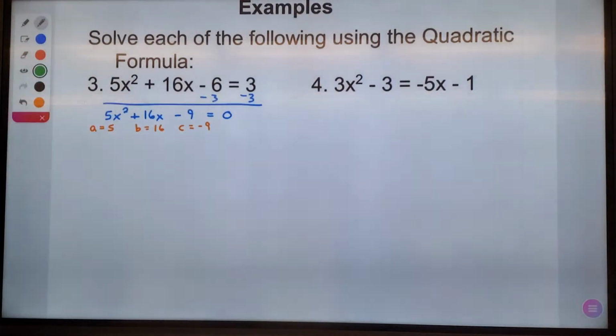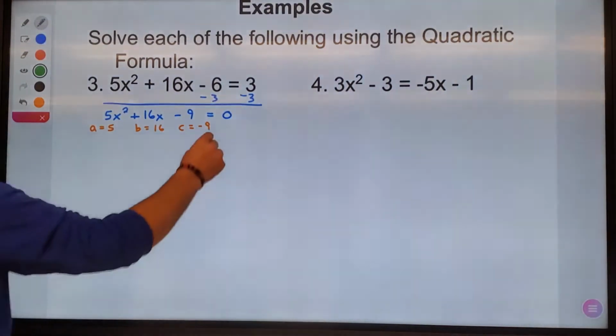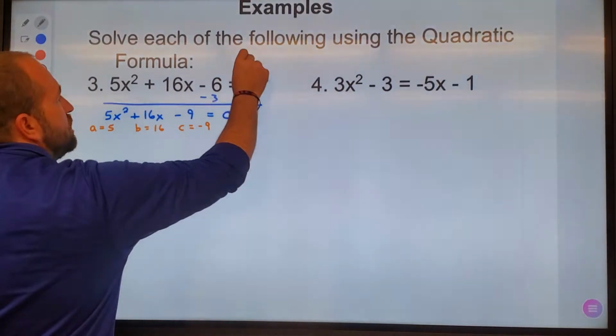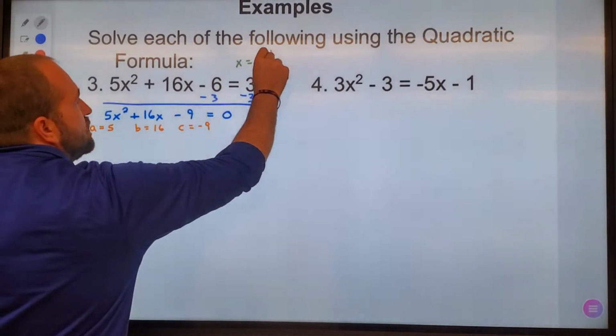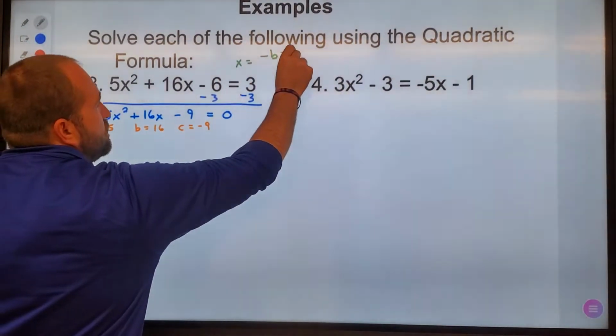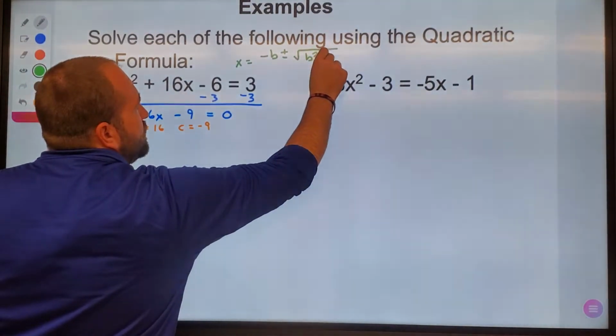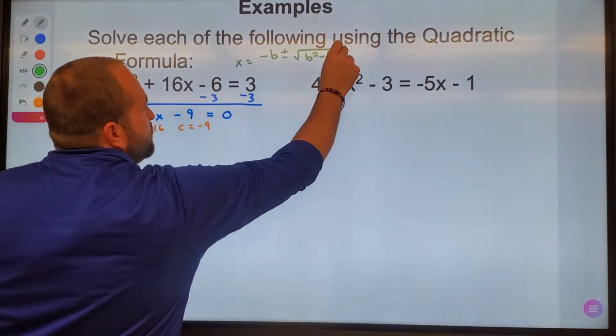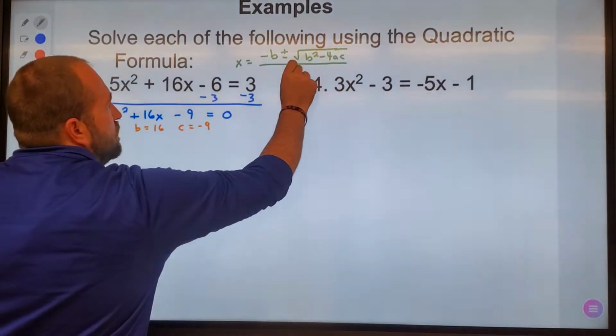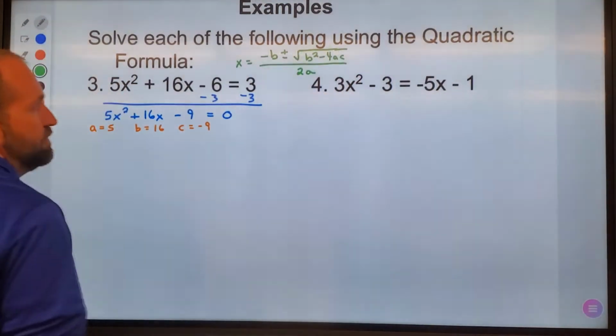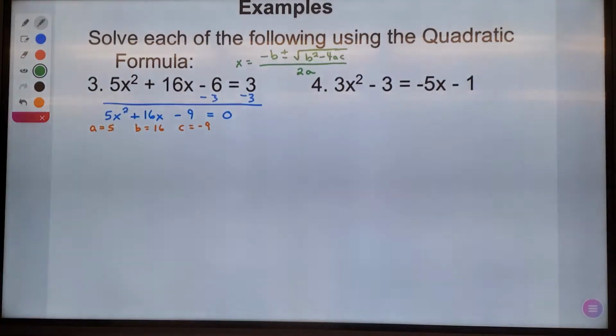And again, for the purpose of being able to utilize it, let's put this over in one spot. So x equals negative b plus or minus the square root b squared minus 4ac all over 2a. And again, I'm going to plug into that.